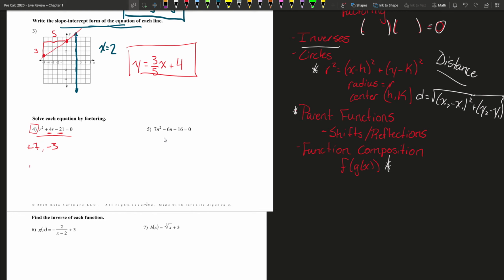So then our answer is r plus 7 times r minus 3, equal to 0. Then you set each of these equal to 0 and get an answer. So r would be -7, and r is equal to +3.